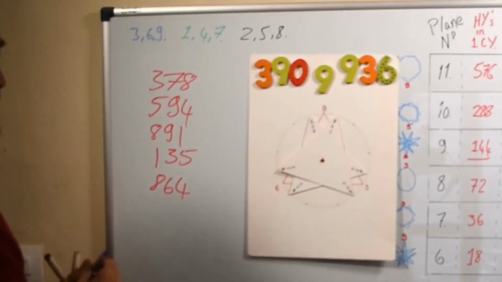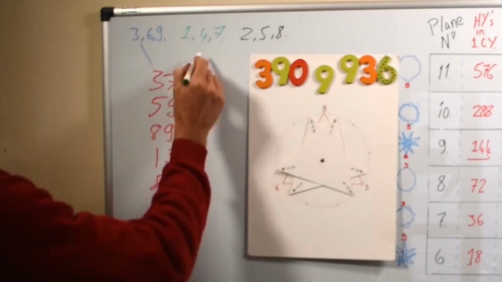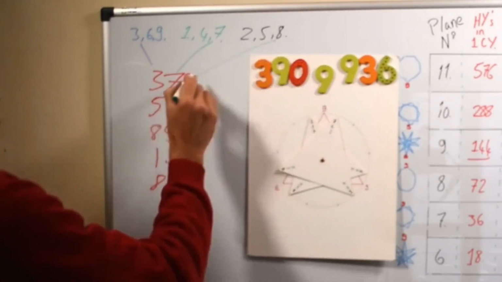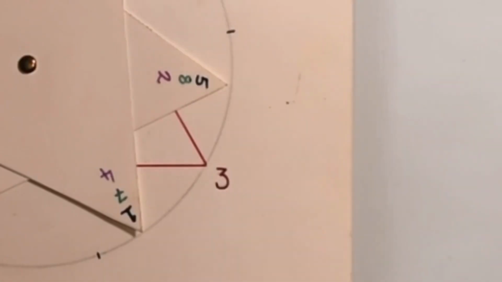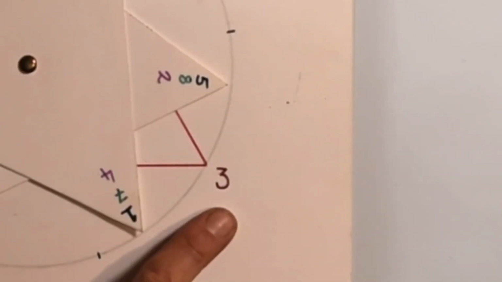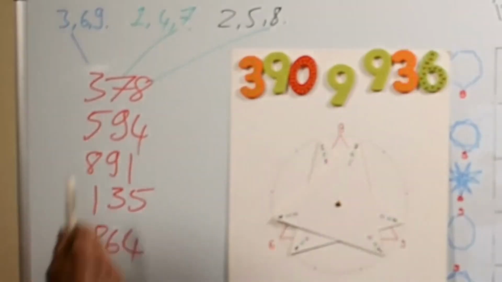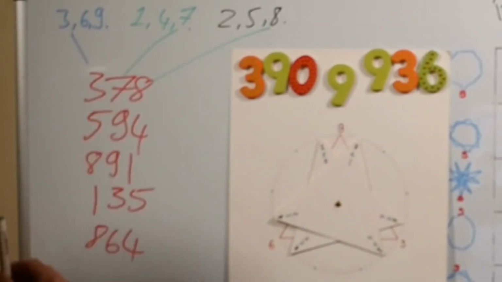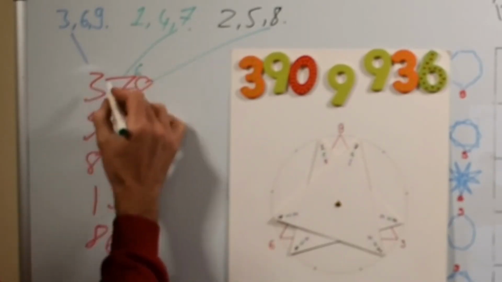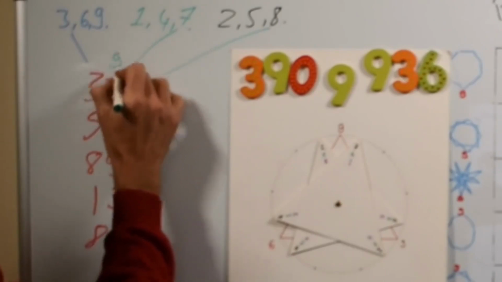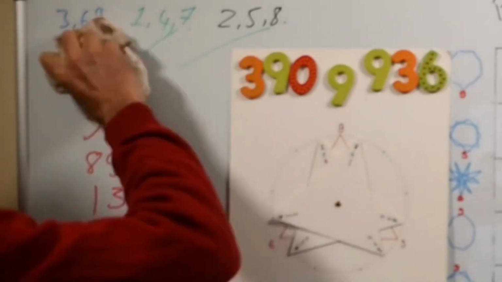So what you see here is you get a 3 from there, you get the 7 from there, and you get the 8 from there to create the first number, 378. If we look around the star map, we get the 3 here, and in green you get the 7 and the 8 as a group together. So these two numbers will pass together and fuse, and when these fuse together it gives us a 6, and the 6 and 3 fuse together to give us an overall 9, obviously. So that's that guy.